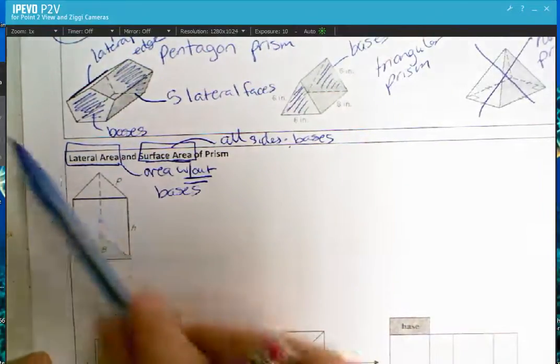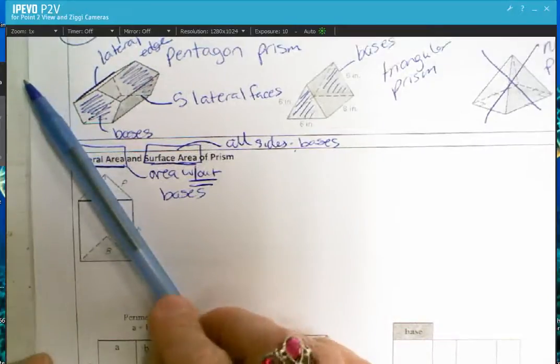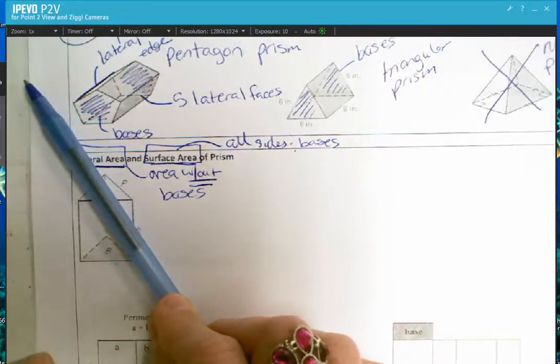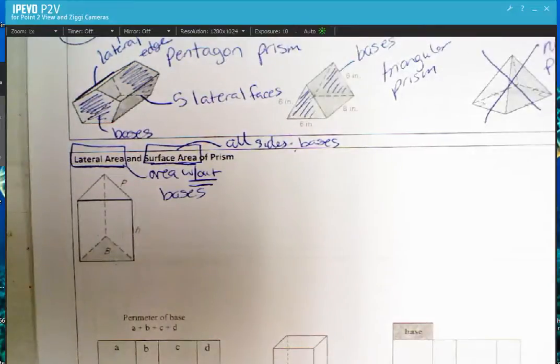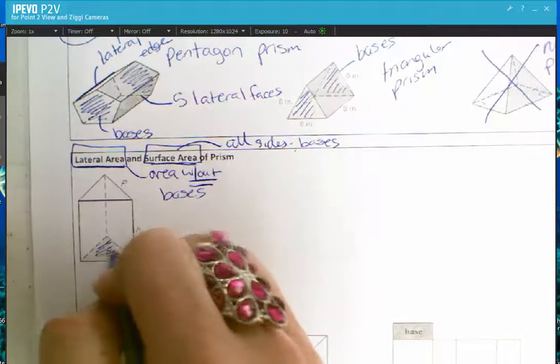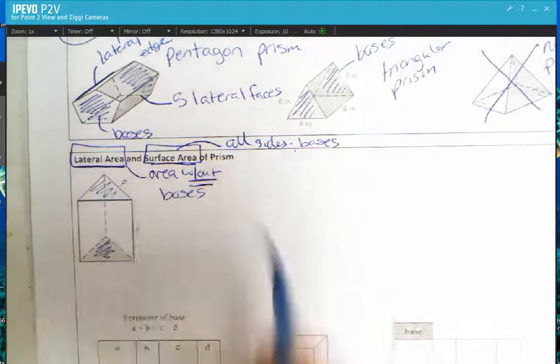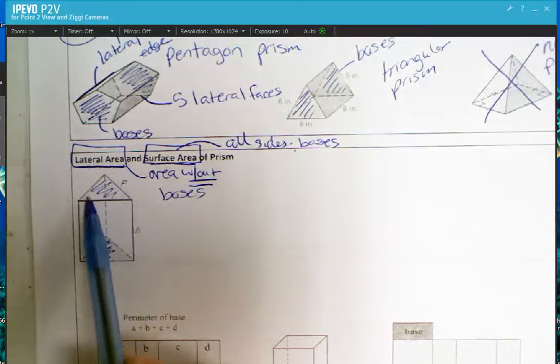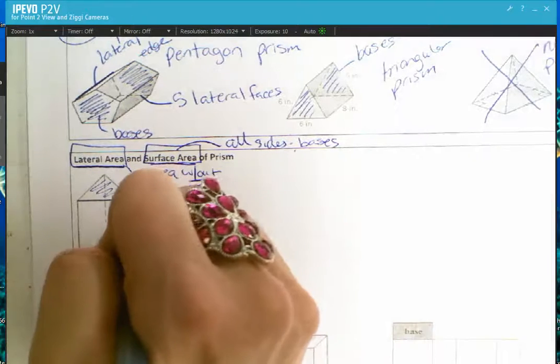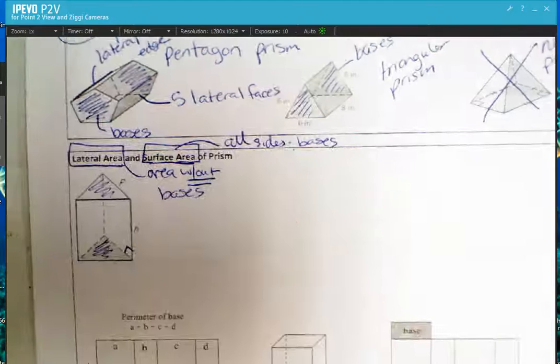So we're going to look at what happens if I chop this figure in half, like a cross section. What becomes my surface area then? So we'll look at that when we're seeing it in class. Okay, a couple other things we've got to remember though. I have a triangular base. Perimeter goes around the figure, and height is always the perpendicular distance.